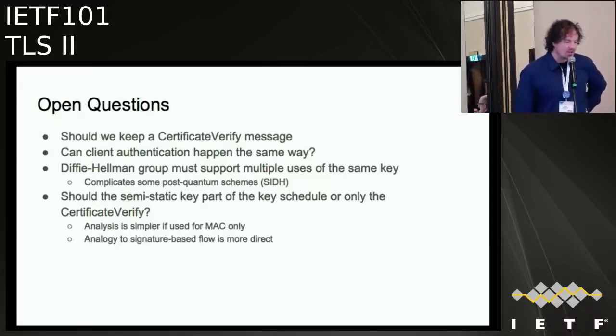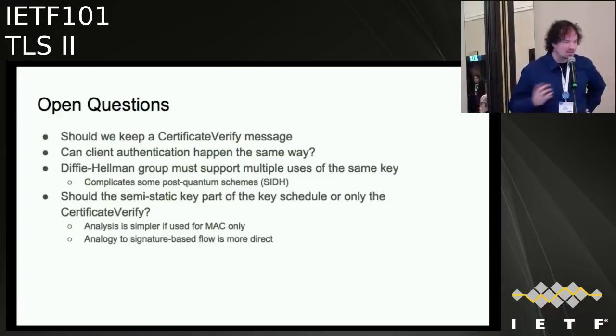Another open question is if you're doing semi-static Diffie-Hellman, it's semi-static, you're not using ephemeral keys. So if you have some sort of Diffie-Hellman group that can only be used once, this does not work with those, compared to the signature schemes that we usually work with. And then again, the question is, the semi-static key, should it be part of the key schedule, or should it only be looped into the certificate verify?